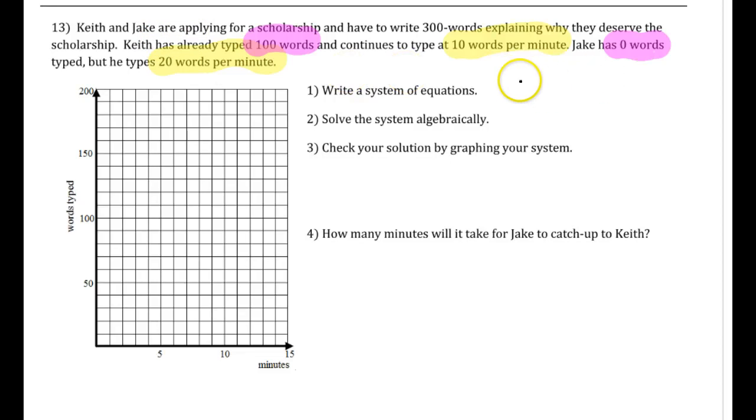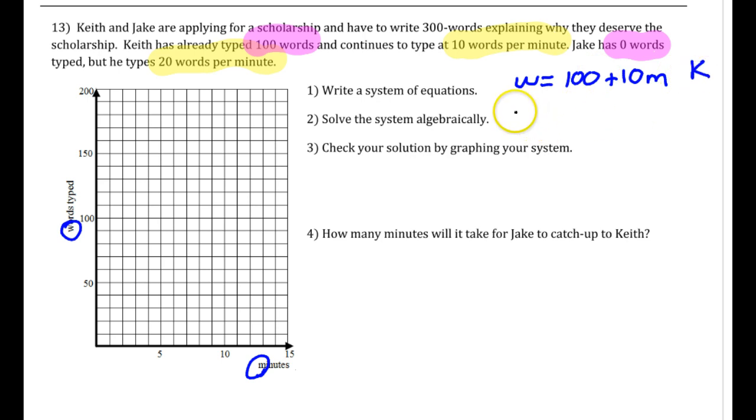So we got Keith. I'm going to use M for minutes and W for words. Keith's words: he has 100 words to start off with and does 10 more every minute. Okay, that's Keith.